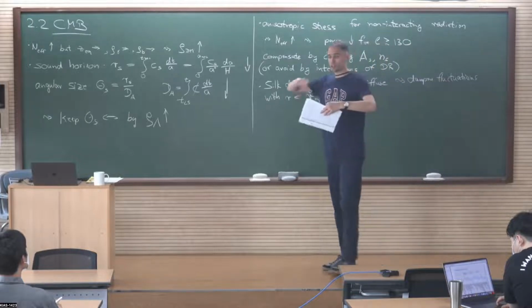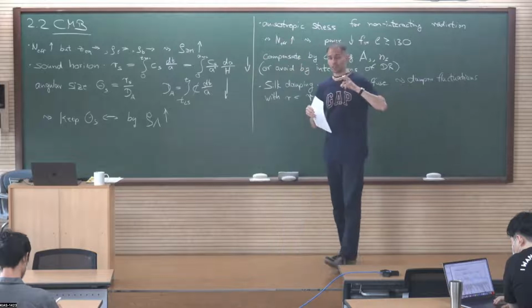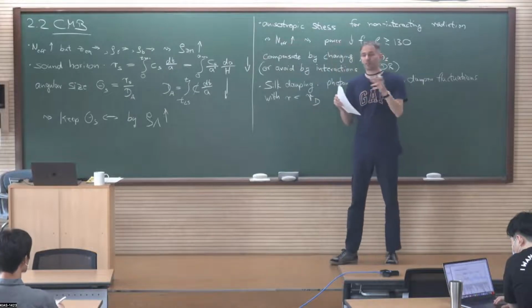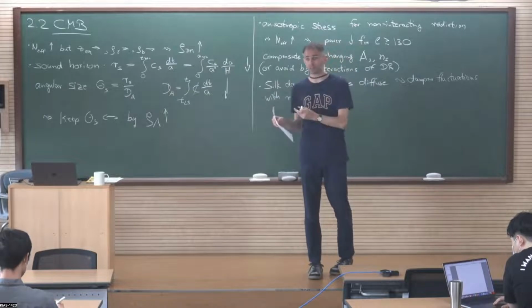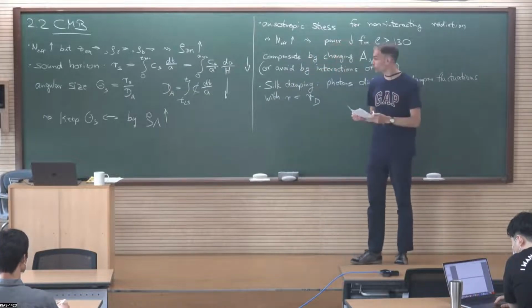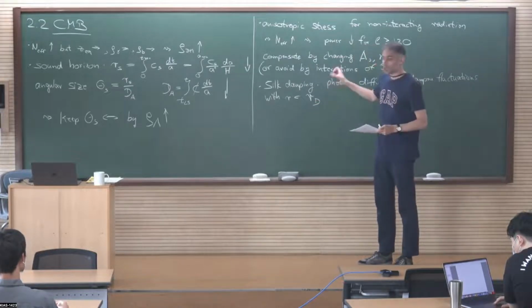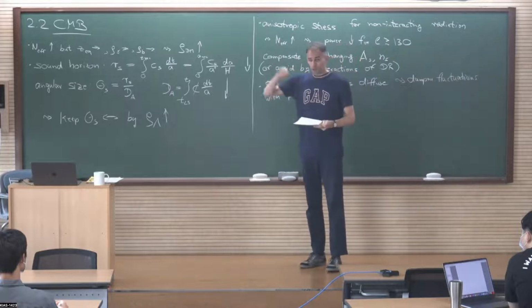Now diffusion is a random walk process, so this depends on the mean free path between two collisions, so on the cross-section for interactions of photons with electrons, and on the square root of the time the photons have to random walk.